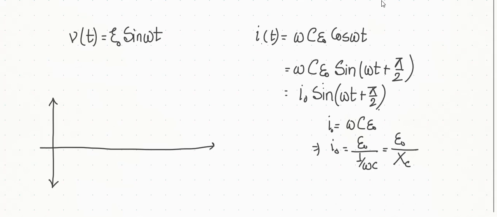If a capacitor is there, then in AC the reactance reduces the current. So I0 is equal to E0 divided by XC.